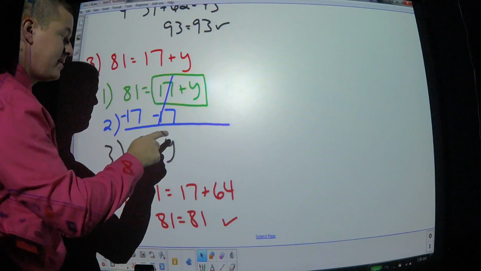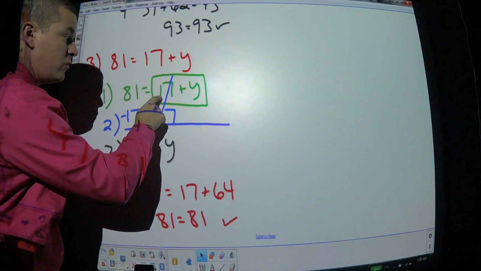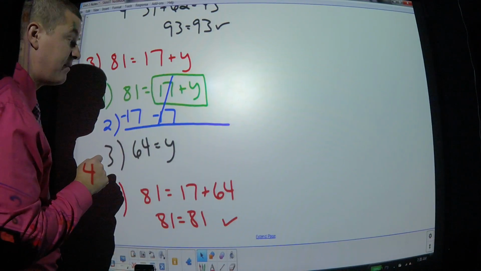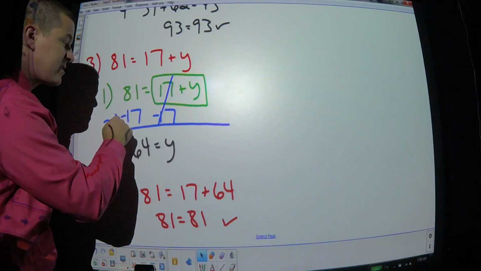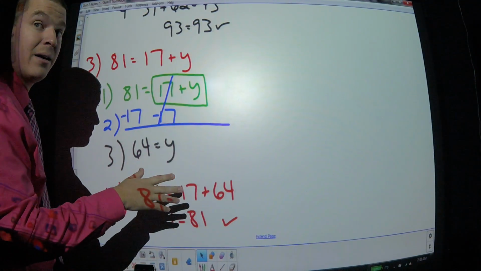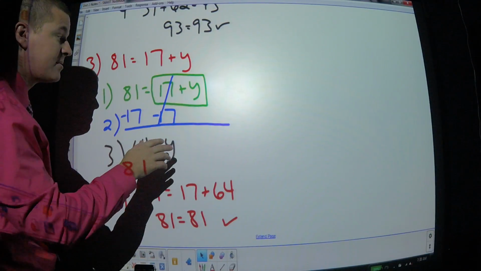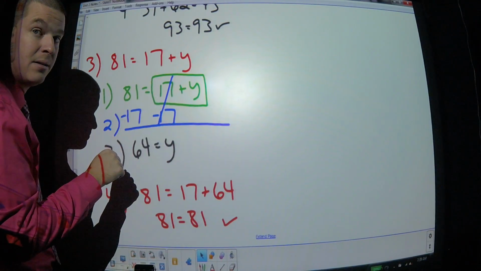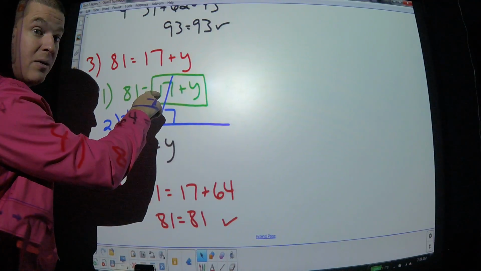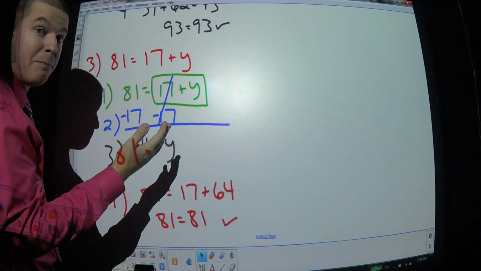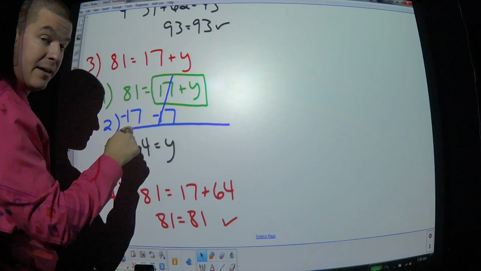We do the inverse operation of 17 there, so we're going to subtract 17 from both sides. We're not going to subtract y, we subtract 17, because this is a positive 17, so we need the opposite of positive 17, negative 17.